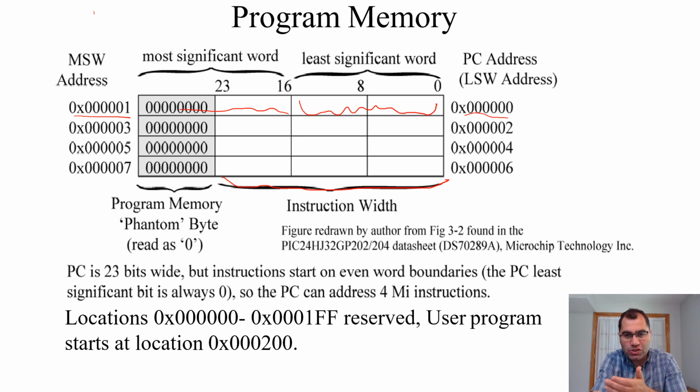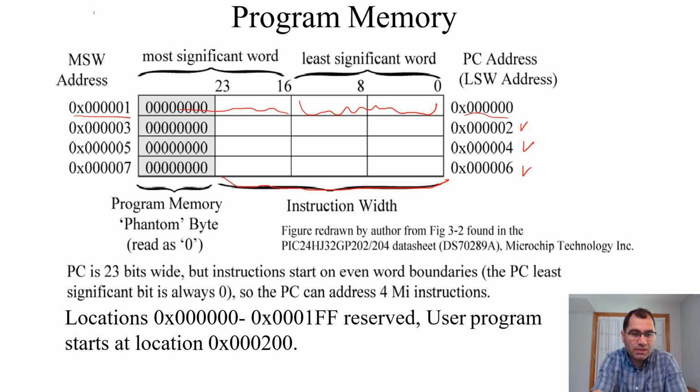Basically, the first instruction is going to be stored in 000000 and 000001, the second instruction is going to start with the address 02, and the third instruction is going to be 04. As you can see, it's always going to be even values.